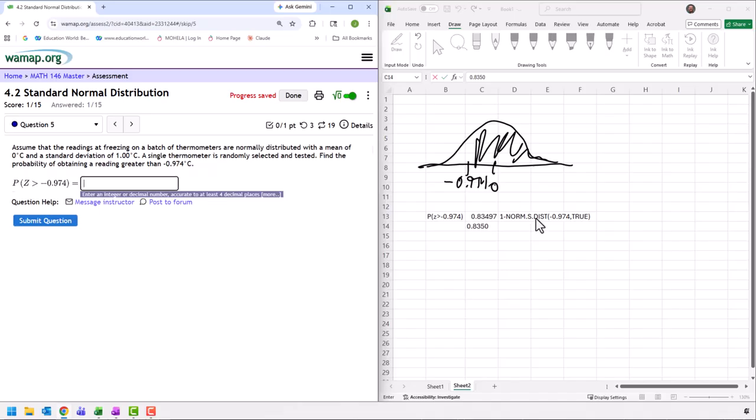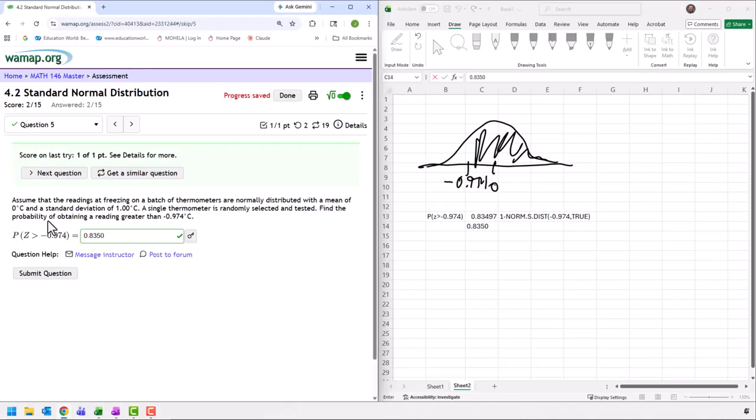Our Excel function is limited in that it gives us the area to the left always. And so if we want the area to the right, we have to use the complement, 1 minus that. Anyway, it's important to draw the picture.